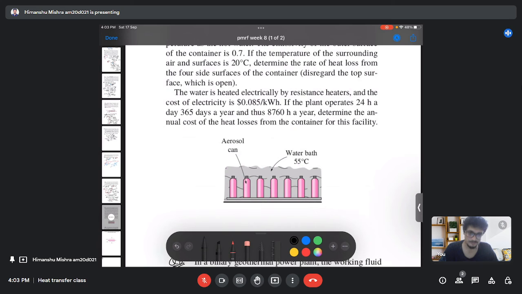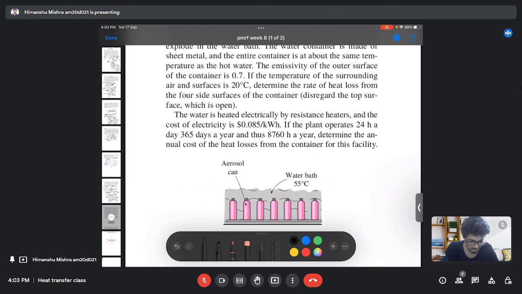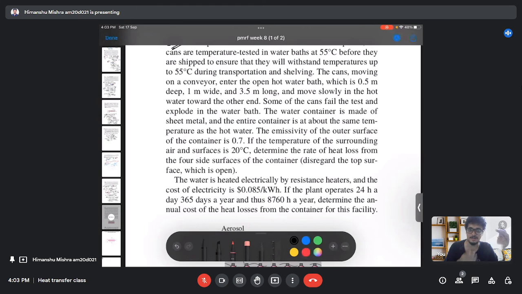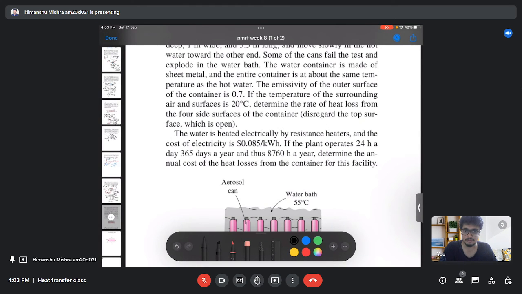There are the cans inside the water bath, which is at 55 degrees Celsius, and they are moving. The cans have a surface temperature, and there will be heat transfer between the cans and the water bath. Some of the cans explode also.